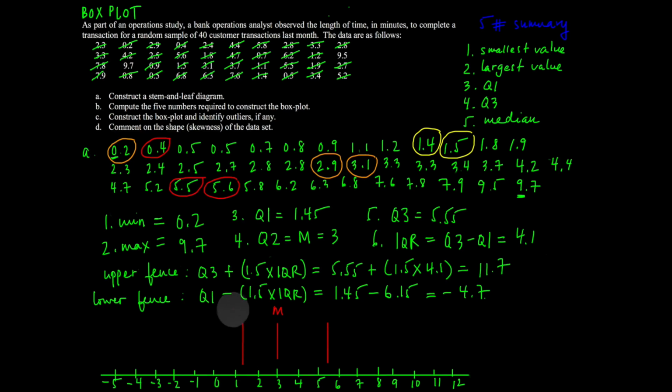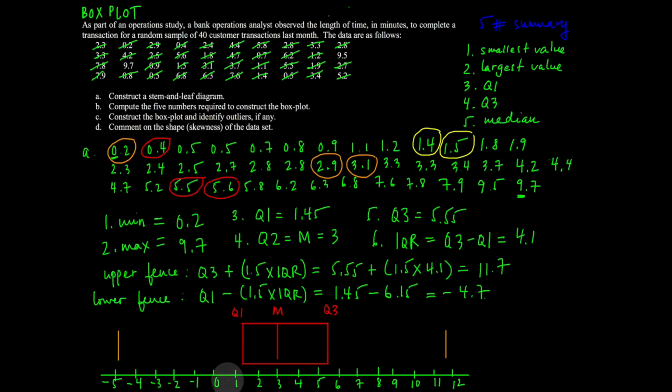Okay, so we have our Q1 and our Q3. Perfect. So now we have our box. Next, I suggest we add our upper and lower fence. So the upper fence is all the way up here at 11.7. And the lower fence is all the way down here at negative 4.7.